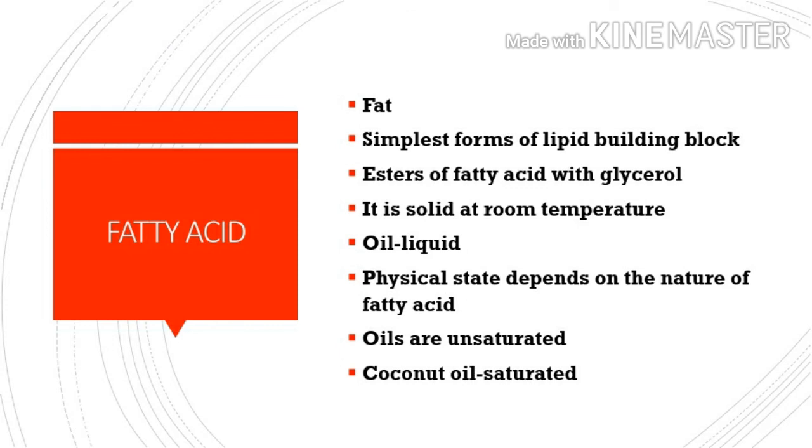So next question arises, what do you mean by fatty acid? It is the simplest form of lipid building block. Esters of fatty acid with glycerol. Fats are solid at room temperature, whereas oil is liquid at room temperature.